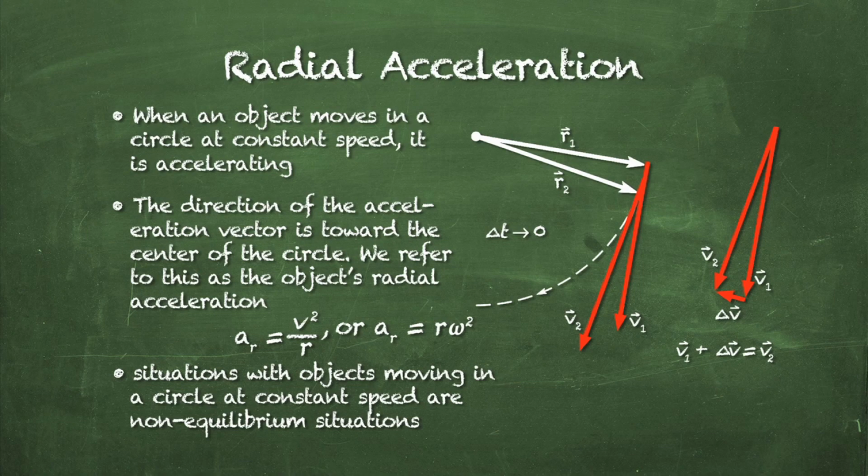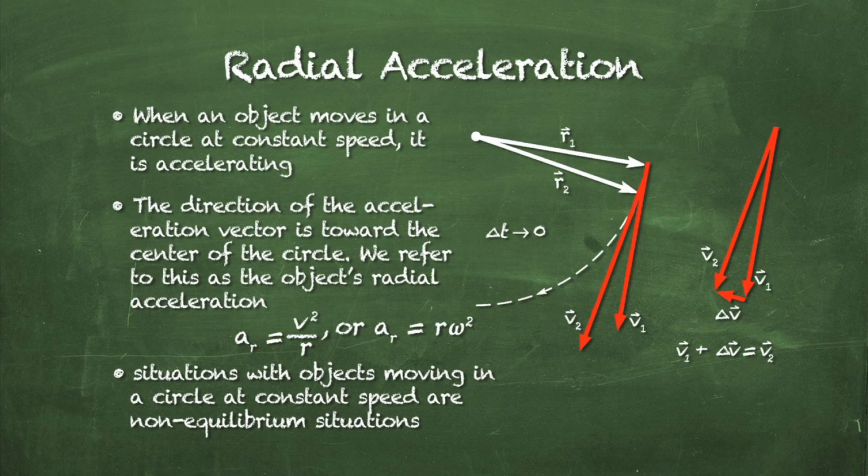We have an equation for the magnitude of radial acceleration. The magnitude of radial acceleration is equal to the square of the object's speed divided by the radius of the circle. That is a result that comes from calculus, and in order to derive that relationship, we would have to use calculus, but this being Physics 191, you have to accept that equation as given.